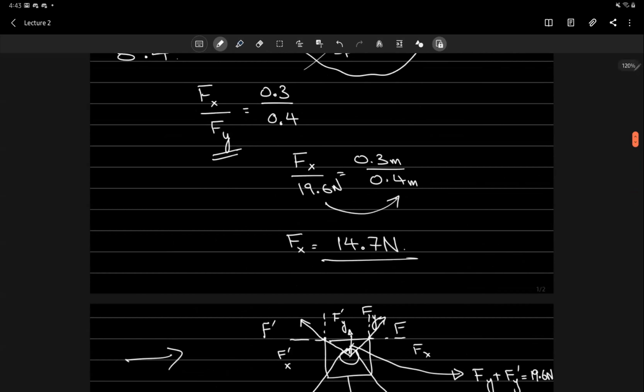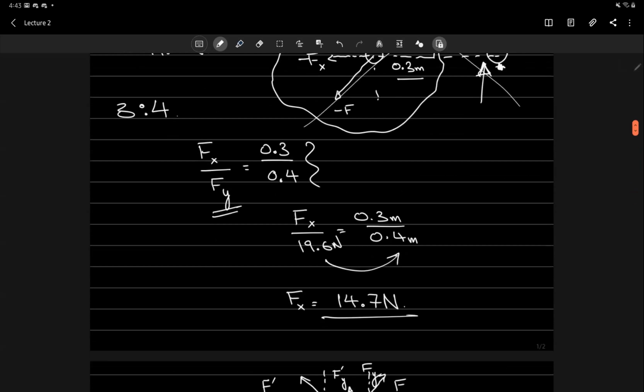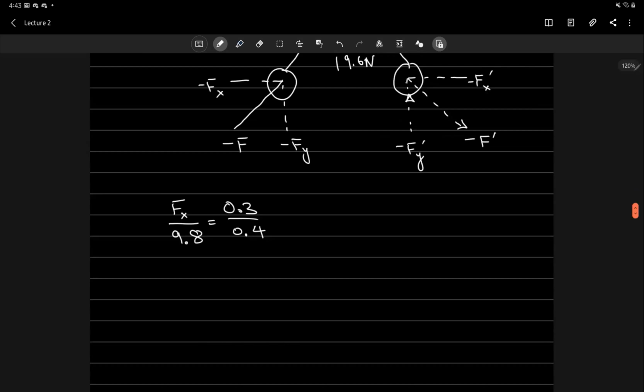Let me just go up and check. Yeah, this was 0.3 over 0.4. So now if I compute this, it is very simple. Fx is simply 0.3 over 0.4 into 9.8, and this gives me 7.35 newtons, right? And this is the force that we had to compute, right?